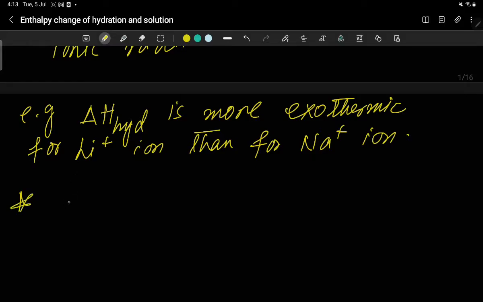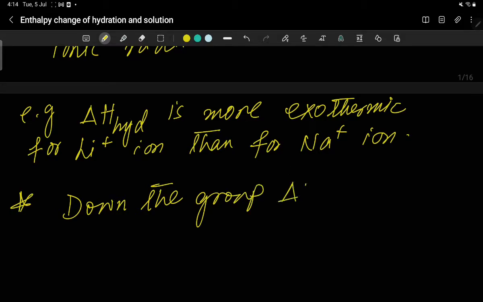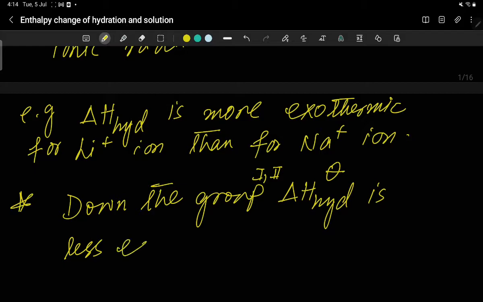In other words, down the group 1 and 2, delta H hydration is less exothermic. If less exothermic, so more energy.